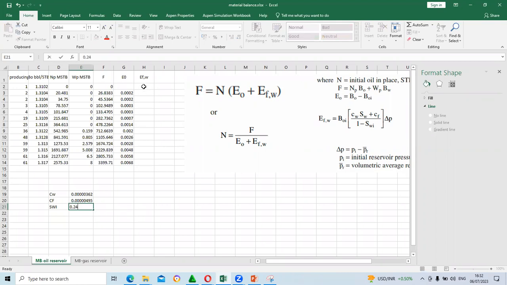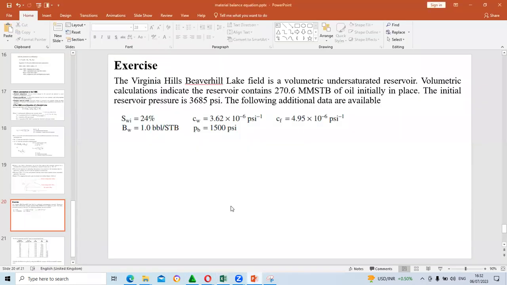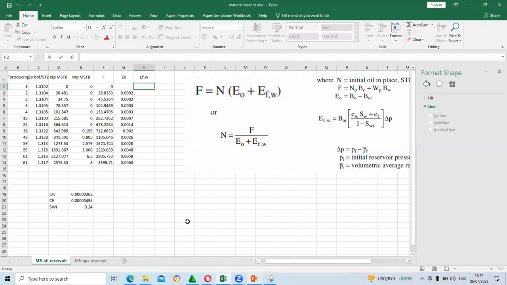All right, so we go now and do our calculation. Okay, since the water saturation has not been given, we are going to use the same water saturation for SW and SWI.